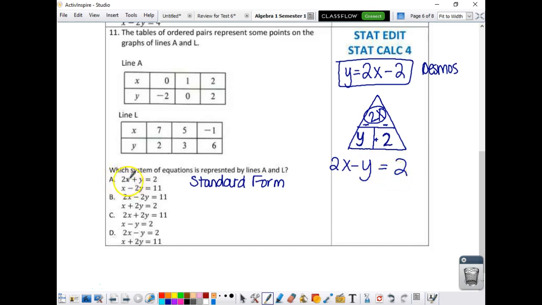This one does not match. 2x minus 2y does not match. 2x plus 2y does not match. 2x minus y equals 2, and here's your answer. If you feel unsteady about using this, then I suggest you go ahead and type this into Desmos and then check each of these choices.